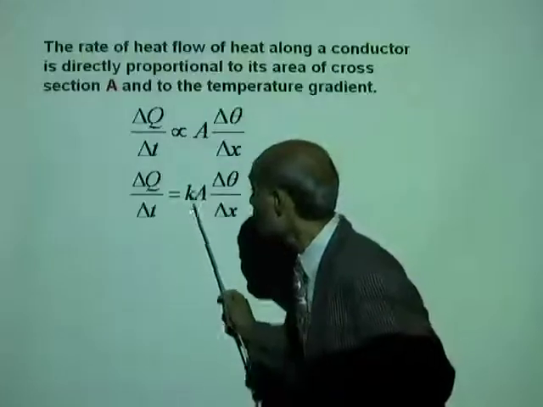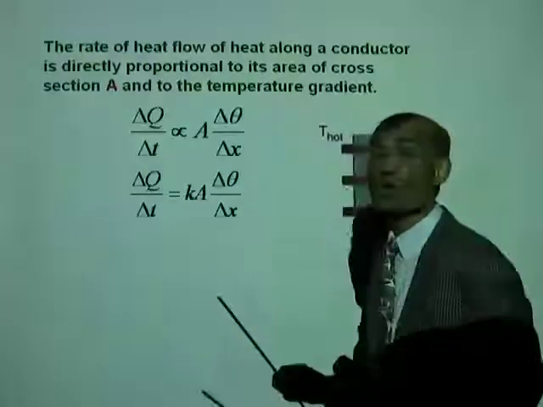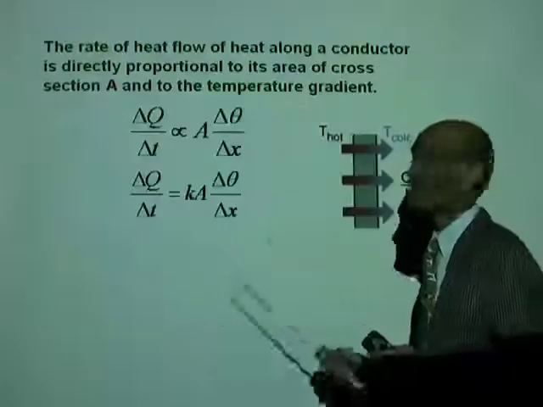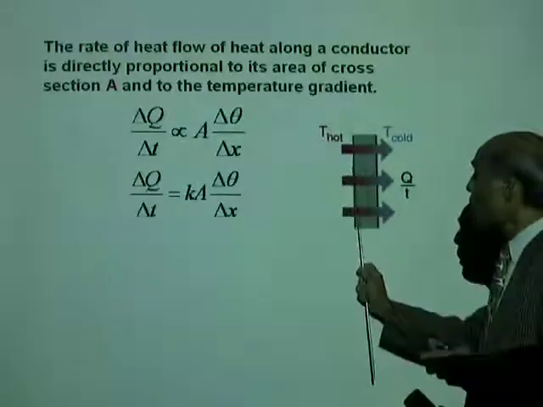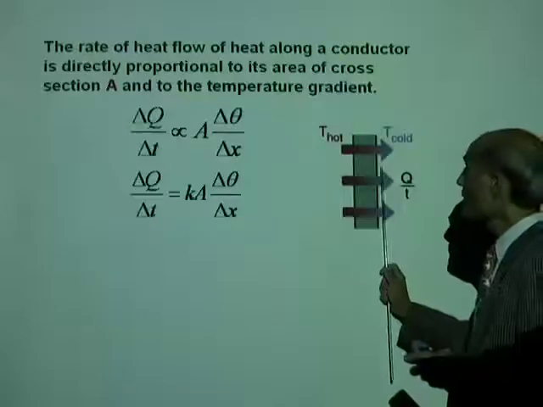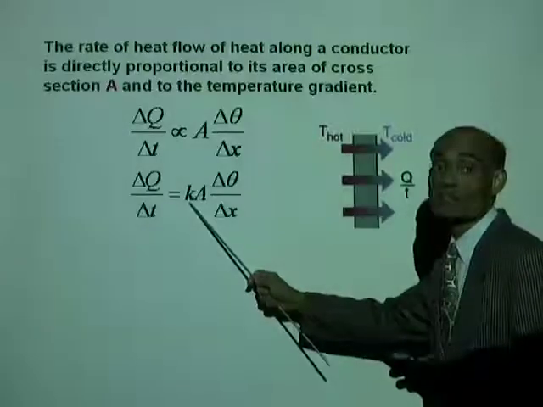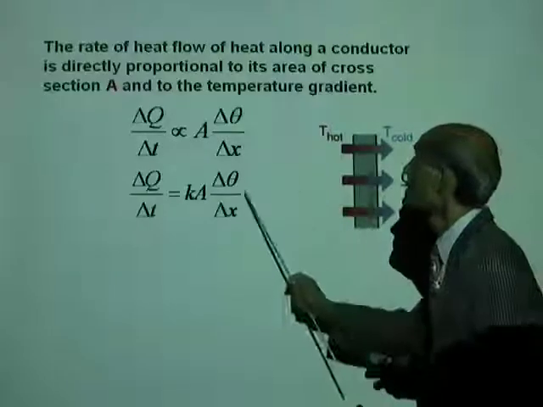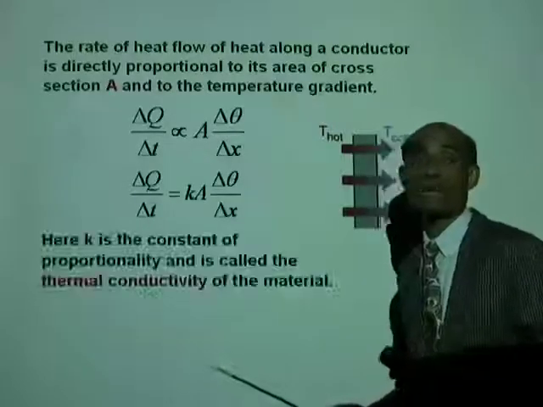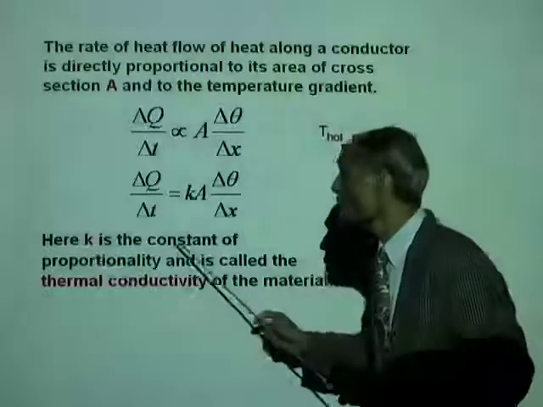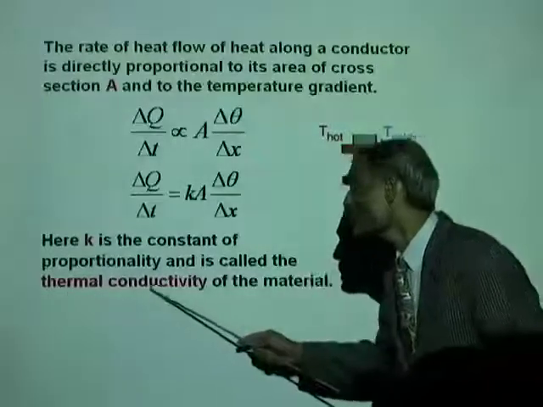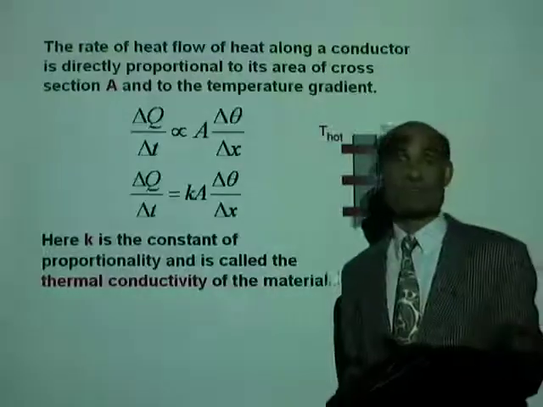Now, this constant K is called the thermal conductivity of the material. So, the rate of flow of heat equals K, the constant, times the area of cross-section, times the temperature gradient. K is the constant of proportionality and is called the thermal conductivity of the material.